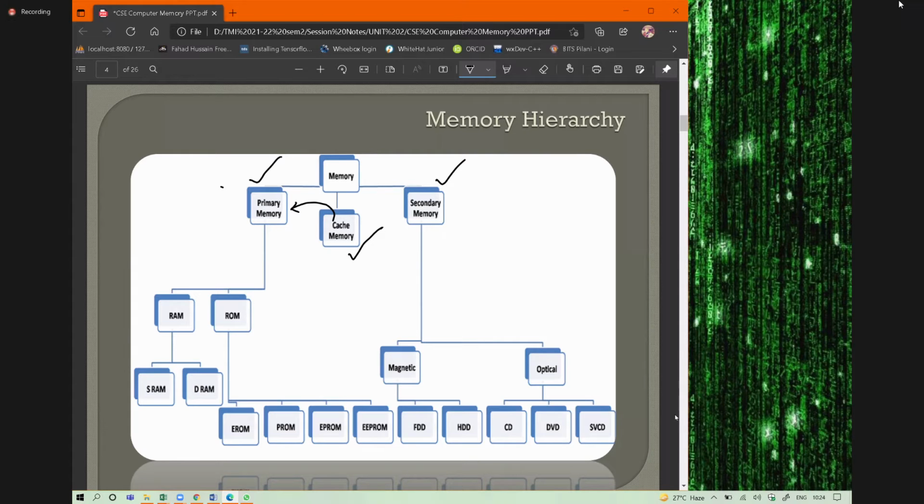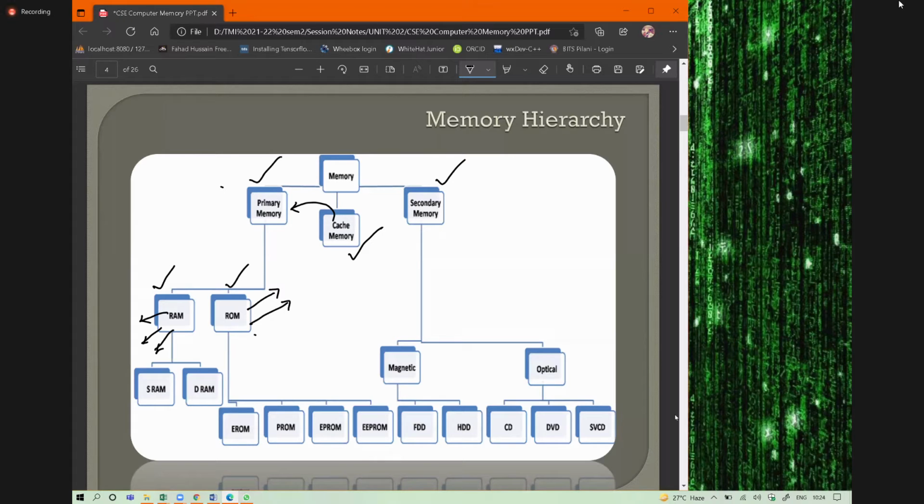After that, in primary memory you are having RAM, that is random access memory, and ROM, read only memory. That RAM is called volatile memory. This is temporary memory and main memory. This ROM is called non-volatile memory, permanent memory.